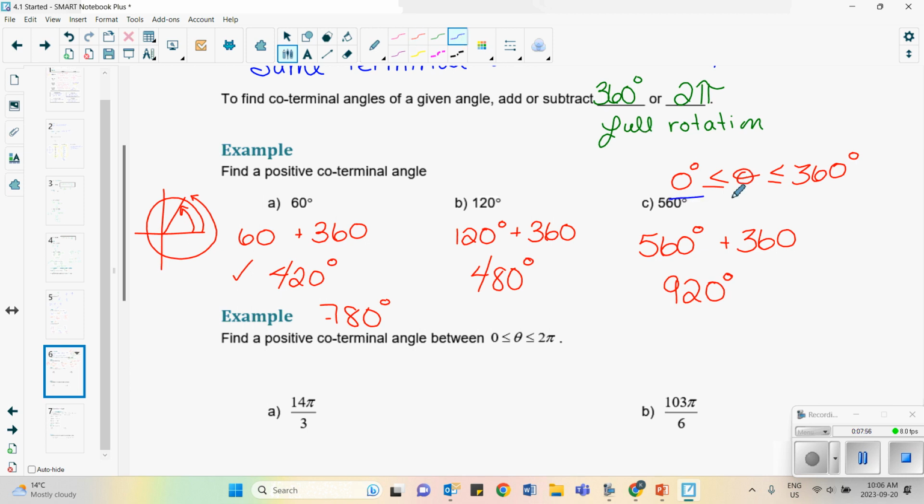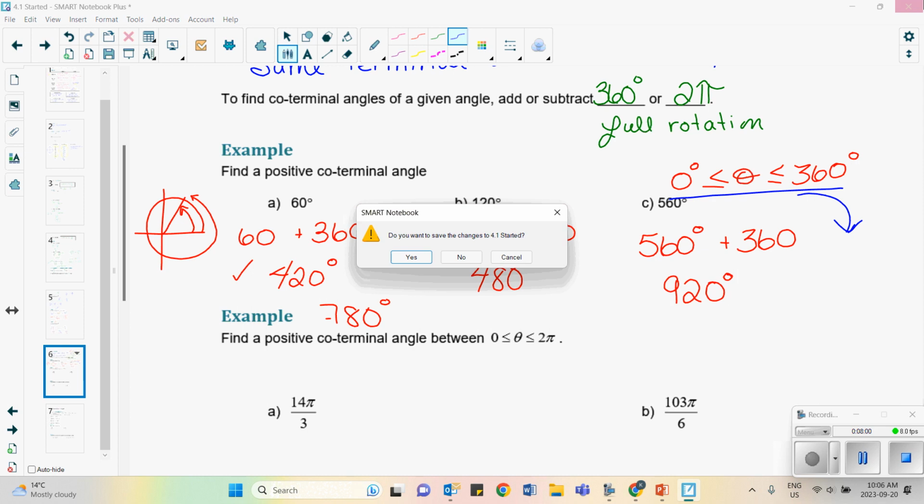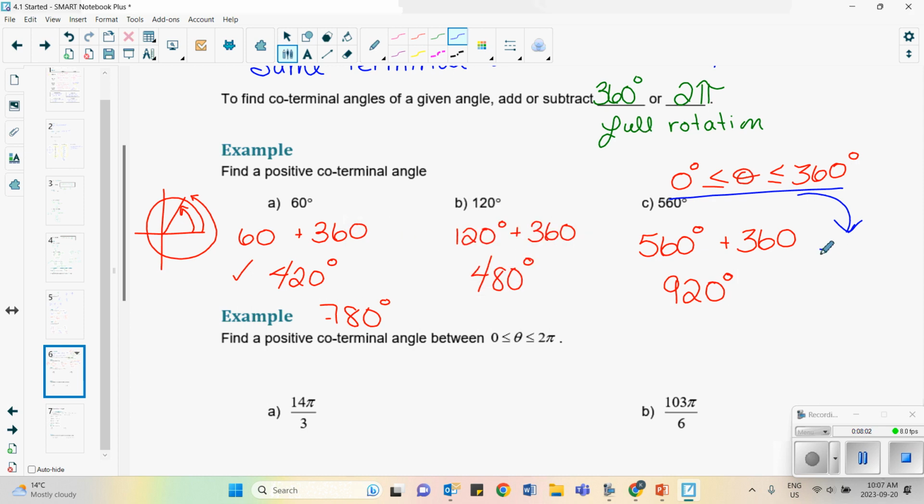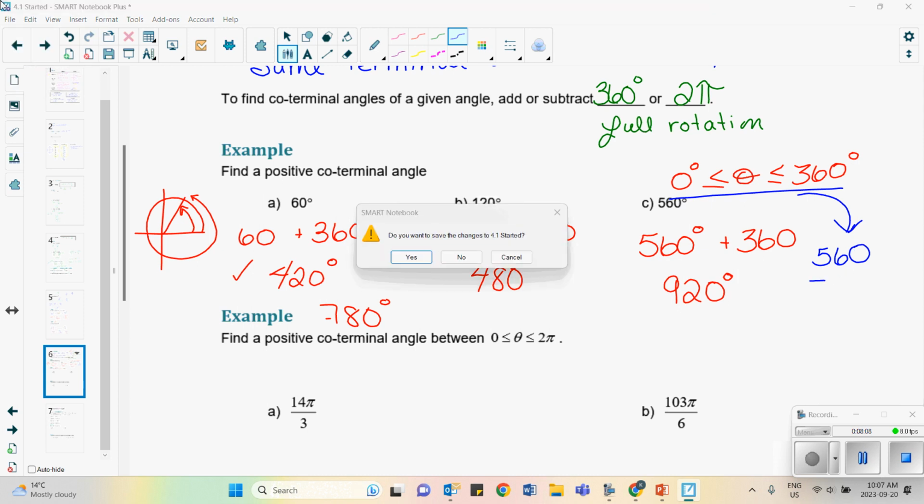Perfect. So if we had this, I take the 560 and I take out that full rotation.